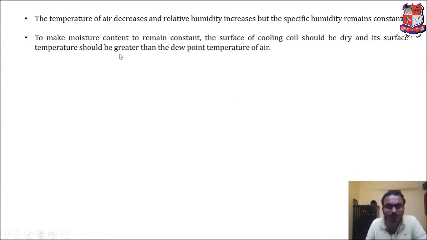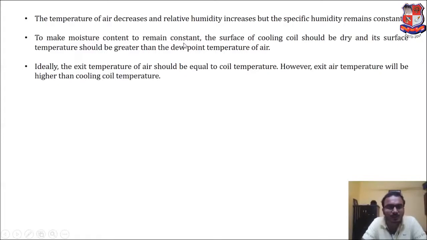Otherwise, if the surface temperature is equal to or less than the dew point temperature, then water droplets will start forming on the cooling coil, and that will not keep the moisture content constant. Ideally the exit temperature of air should be equal to the coil temperature.